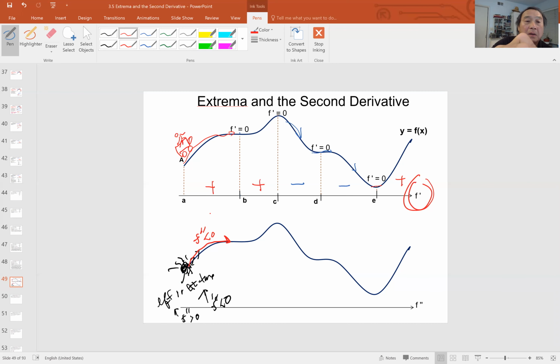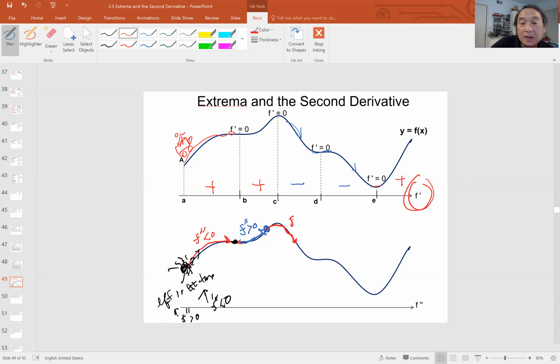And it gets to this point where it flattens out. And now it's going to start making a left turn. And along here, somewhere over here, by the way, it's making a left turn over here. So at this place, this is concave up. But notice, somewhere between the two flat points, it must stop making a left turn and make a right turn, to somewhere over here.